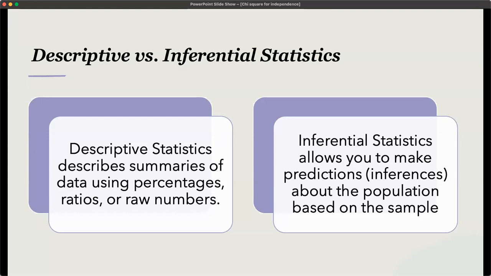And this data is only true for the participants in your study, whereas inferential statistics allows you to make predictions or inferences about the population based on the sample. So when you use inferential statistics, you can infer that possibly what is happening with your sample could be true for the population that your sample represents.